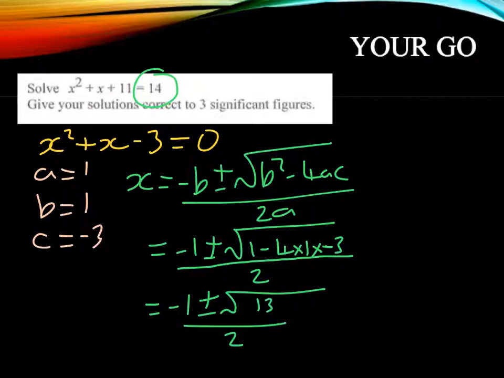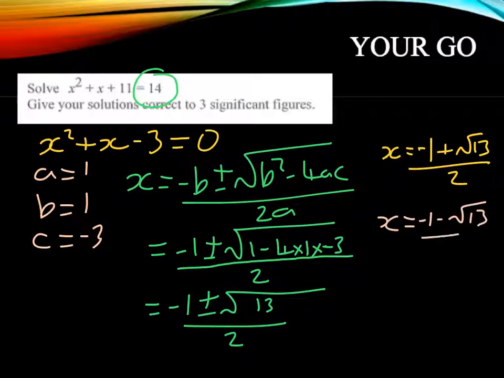So the two solutions that I'm going to get for my x are when x equals minus 1 plus root 13 over 2, and when x equals minus 1 minus root 13 over 2.